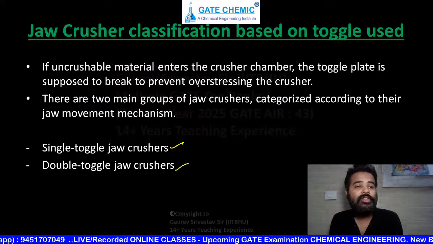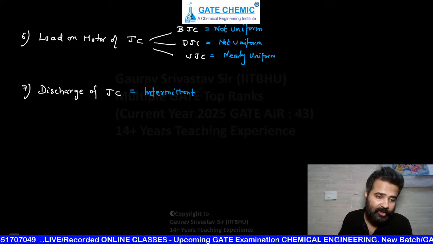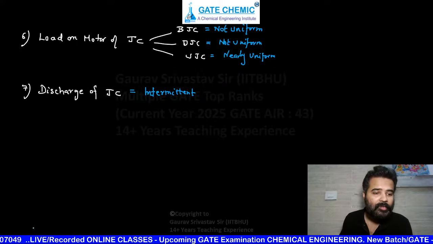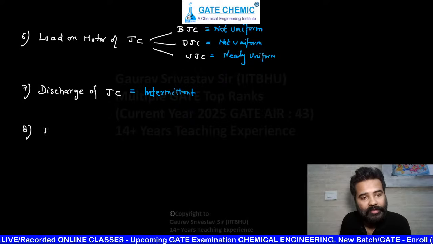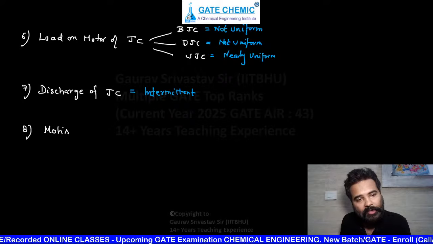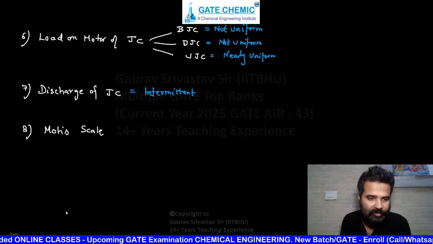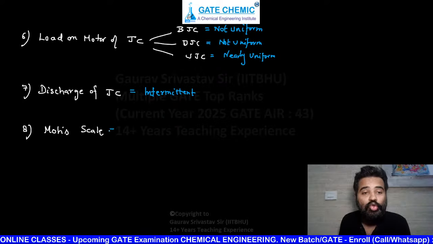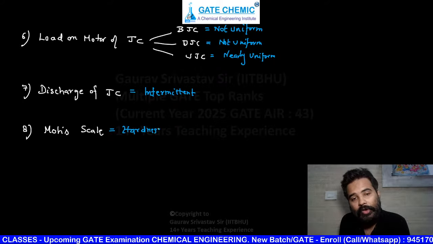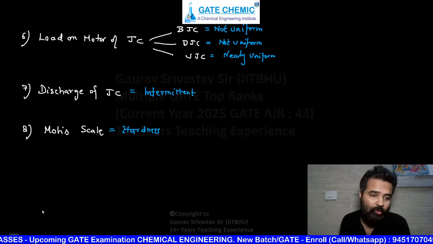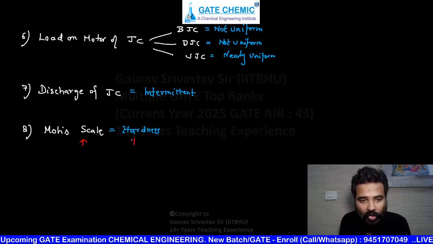Now one more thing that you need to write in this slide, point number 8, that is Mohs scale. What is Mohs scale? Mohs scale is used to represent hardness. If the value on the Mohs scale is on the higher side, then hardness is also on the higher side.